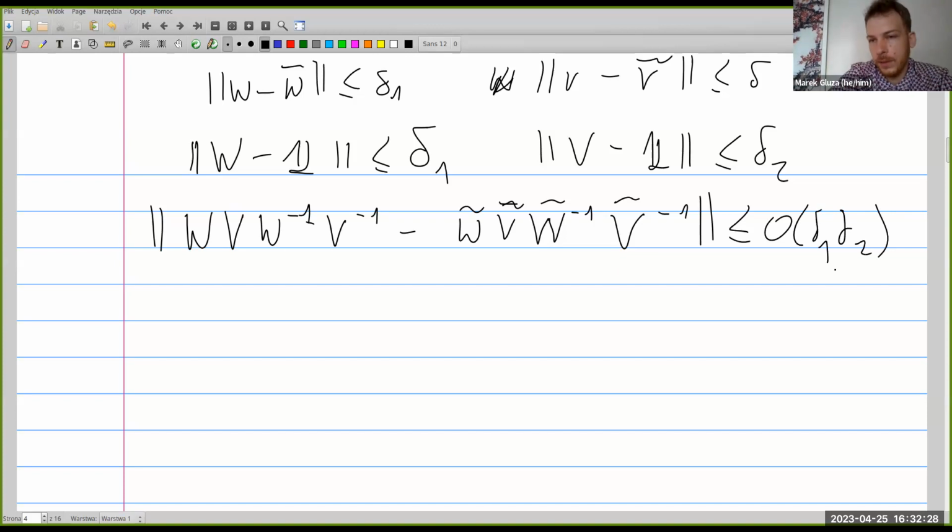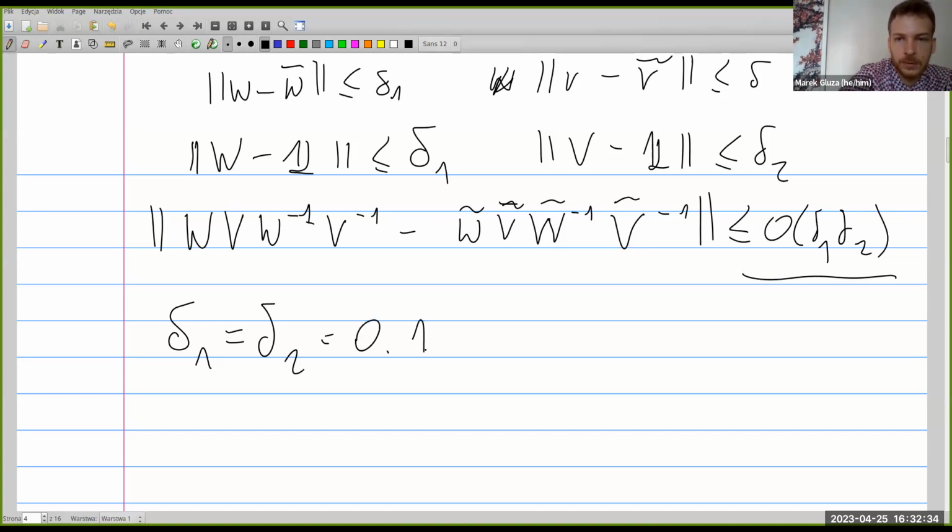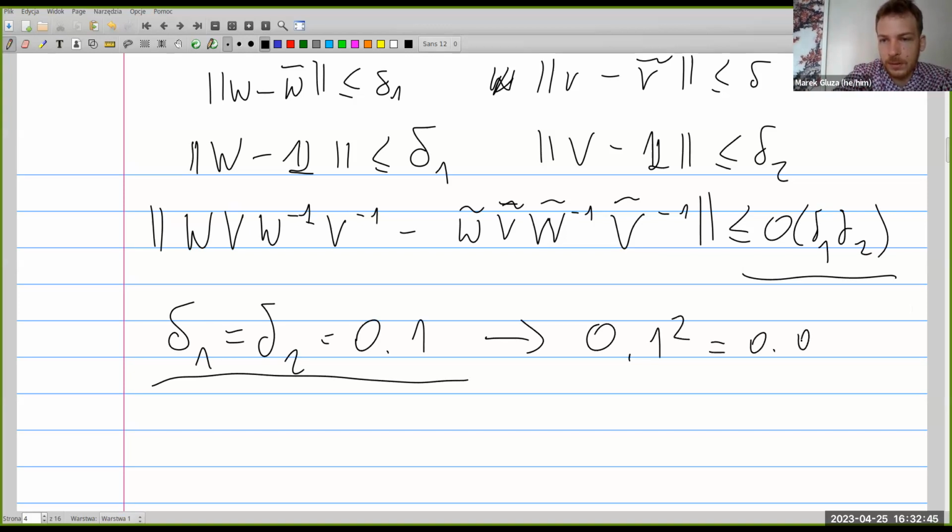Okay, first thing, why is this a good thing? Let's say delta 1 equals delta 2 is 0.1. So basically out of an error, let's say 0.1, I will get an error 0.1 squared, which is 0.01. Ooh, it's looking good, right? So now let's say I will have two new approximations, which are 0.01. Out of that, I will create delta 1 times delta 2.